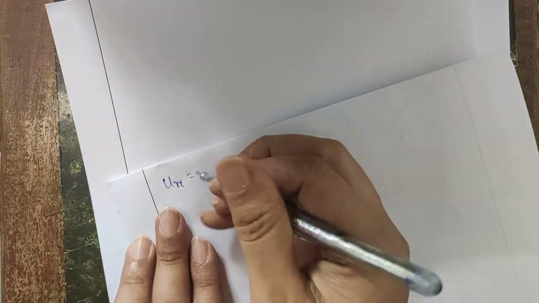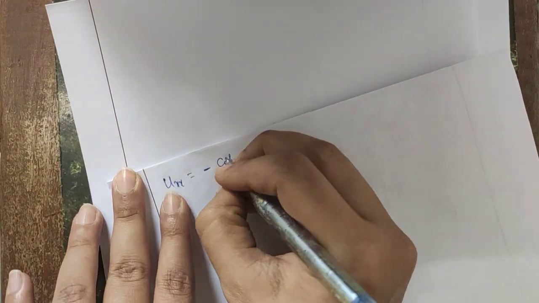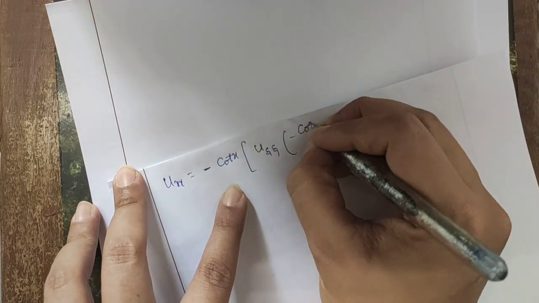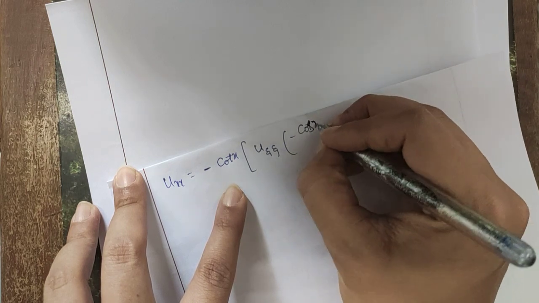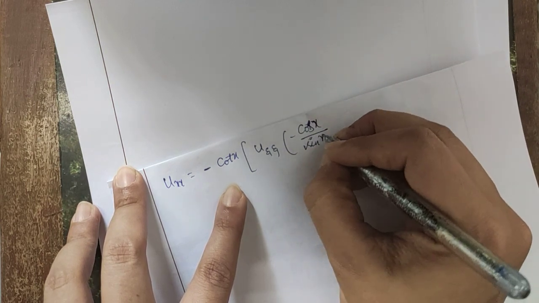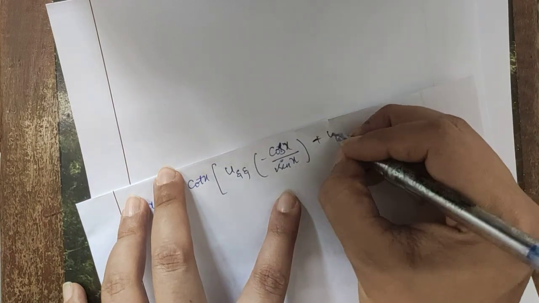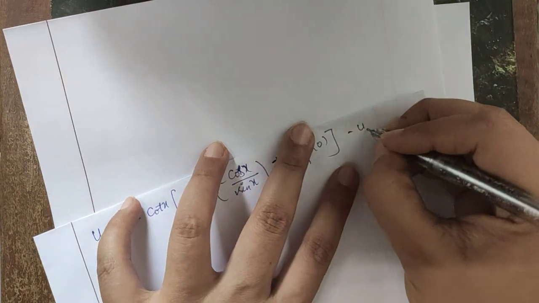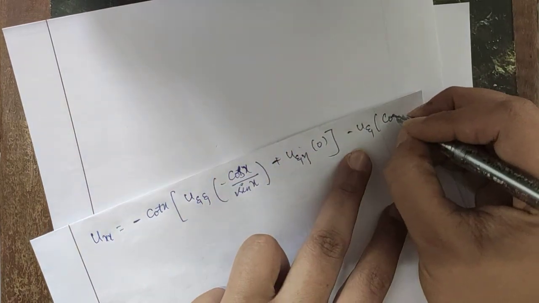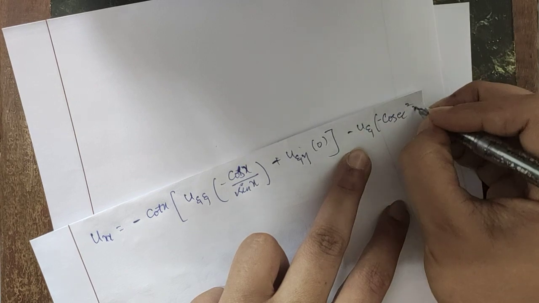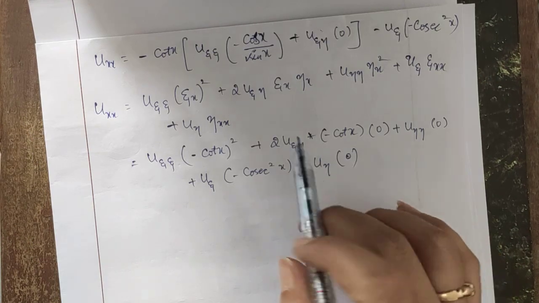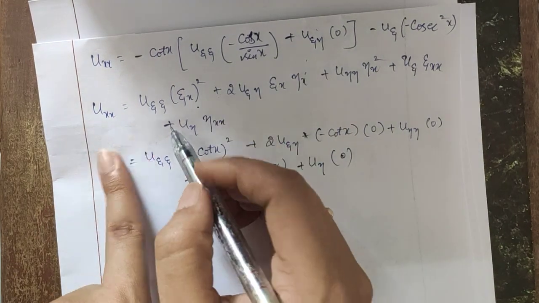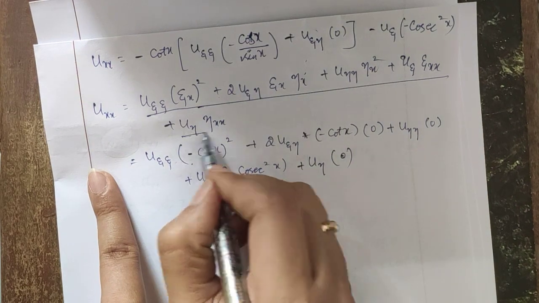So you will get uxx as minus cot x into u xi xi into minus cos x by sin x, plus u xi eta into 0, minus u xi into minus cosecant square x. I have written here directly. If you have any doubt, just compare the formula. So this is the formula for uxx, right?